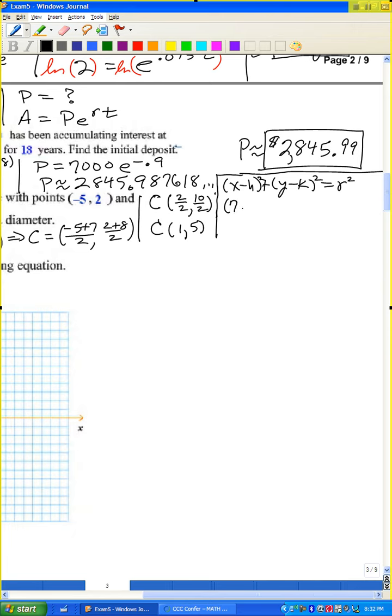So x is 7, h is 1, y is 8, k is 5. And so I get 6 squared plus 3 squared is r squared. So 36 plus 9 is r squared. So r squared is 45.